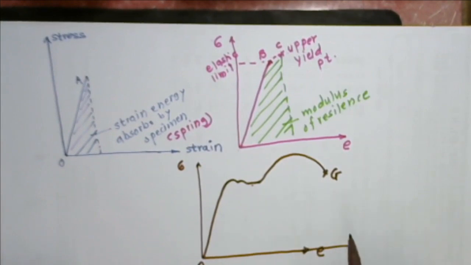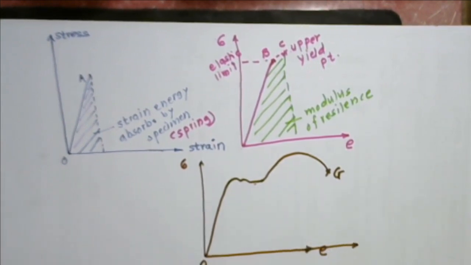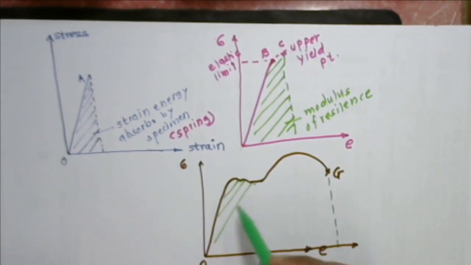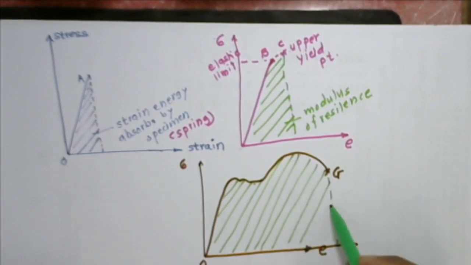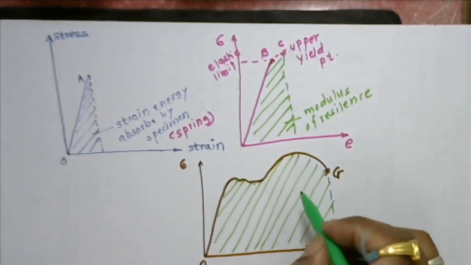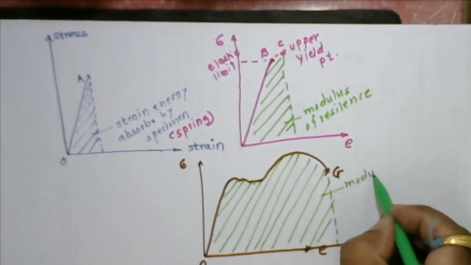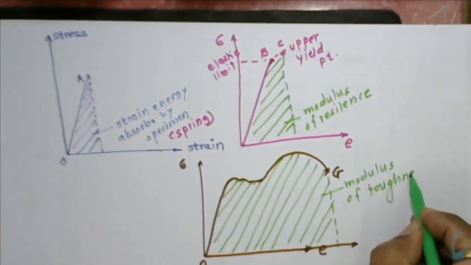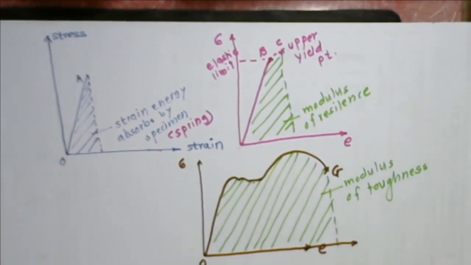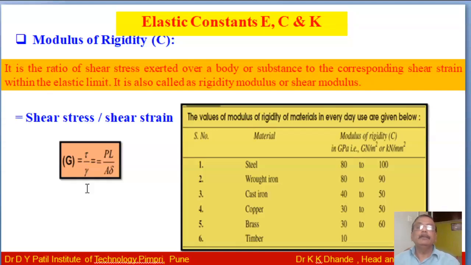So if we take the area under this curve from O to G, this area under the curve shows the modulus of toughness. Modulus of elasticity.